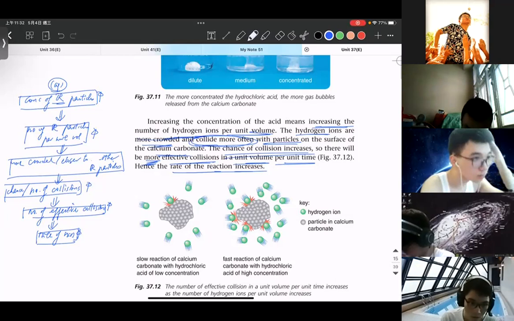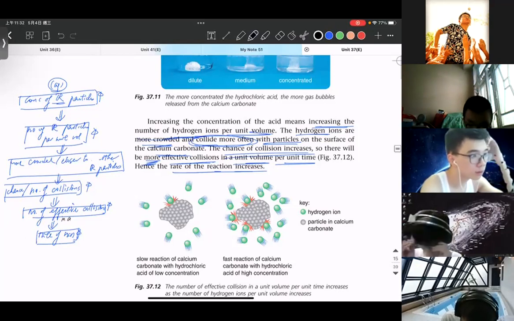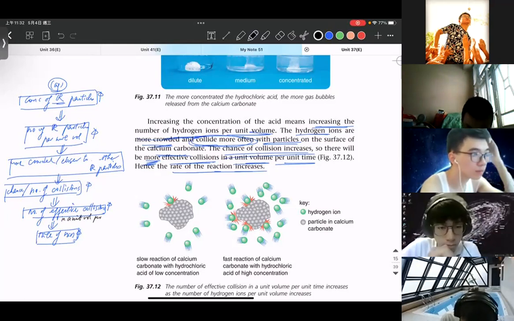But one thing I would like to mention is the number of effective collisions, because you want to talk about rate. So add more to this sentence: in a unit volume per unit time.